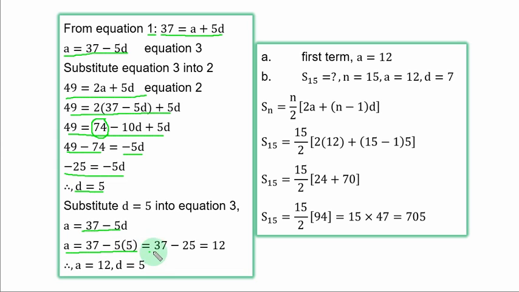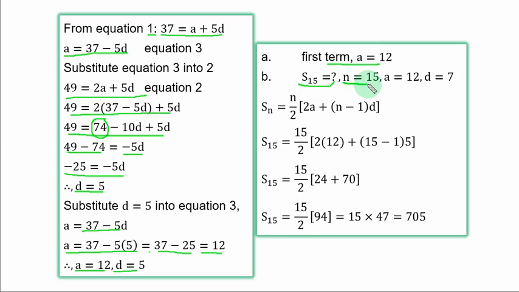That is 37 minus 25, and you have 12. Therefore, the first term a is equal to 12, and the common difference is 5. We are interested in the first term by the question. Then B part, you are asked to find the sum of the first 15 terms, that is S sub 15 equal to unknown.